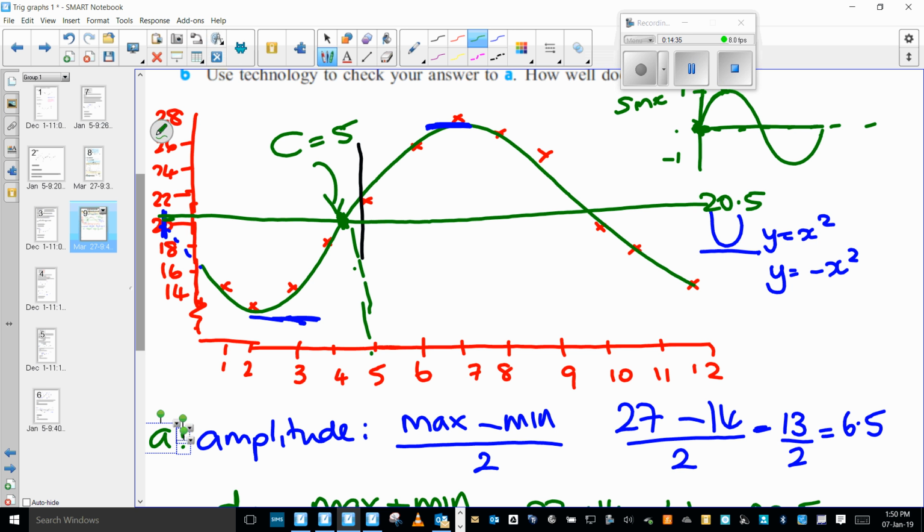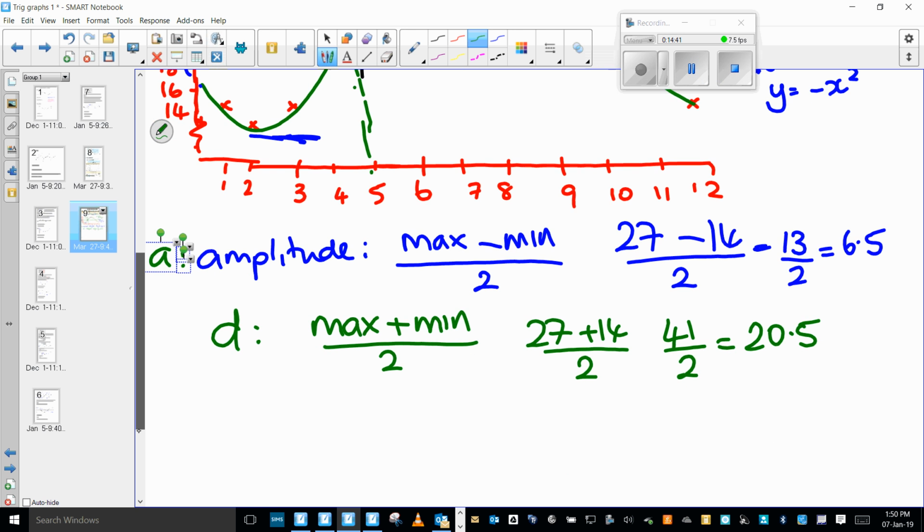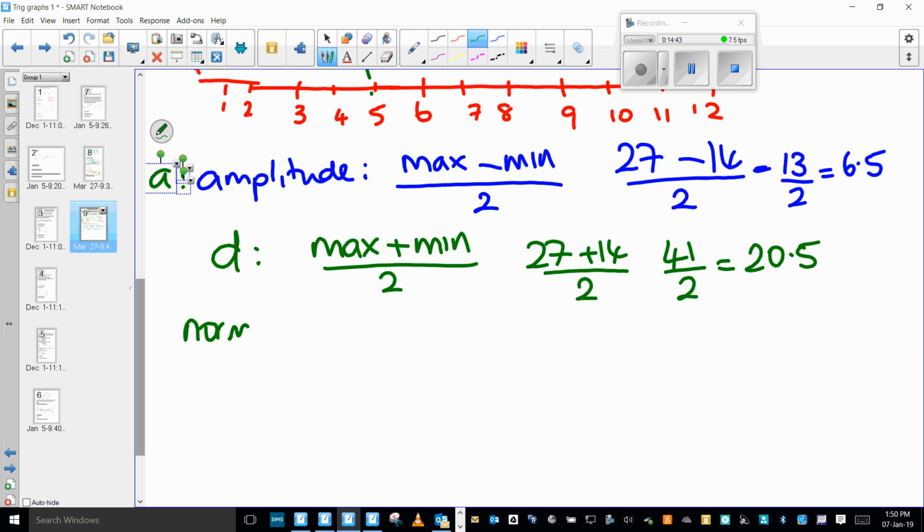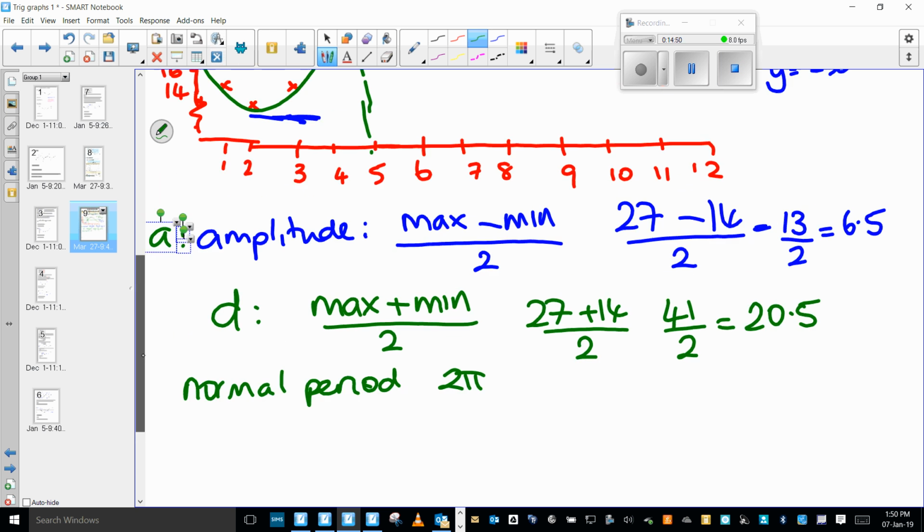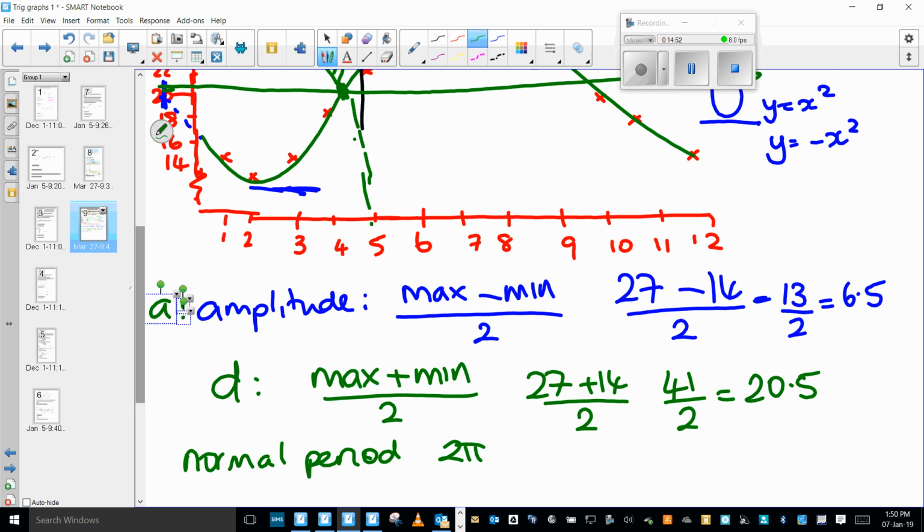So we always consider a normal period as 2 pi. But our period is actually 12. Our graph has gone through its cycle in 12 units.